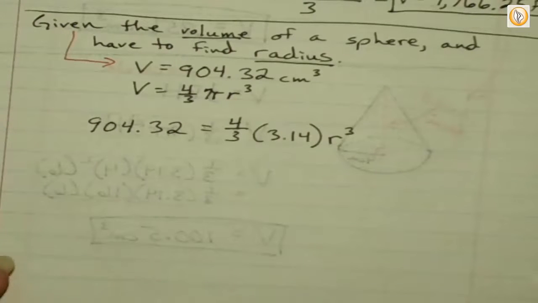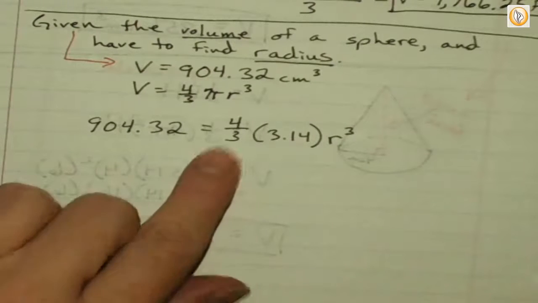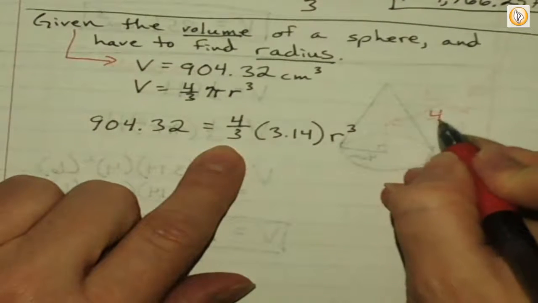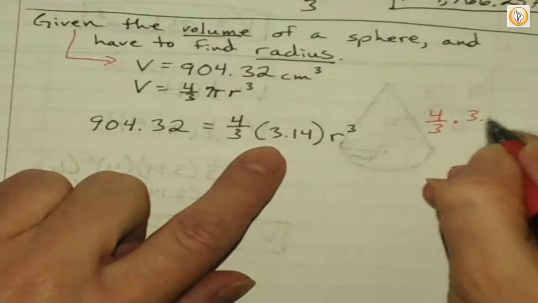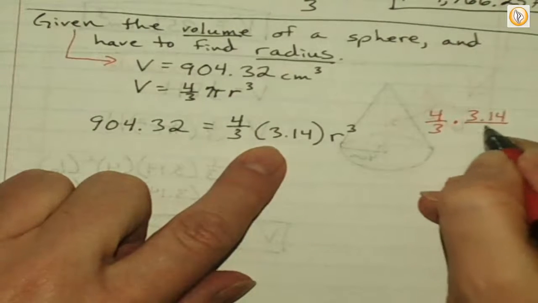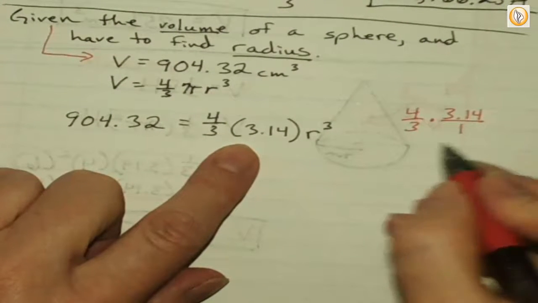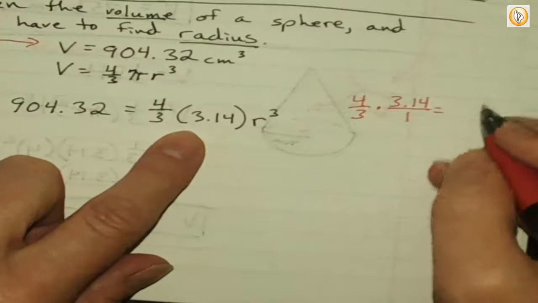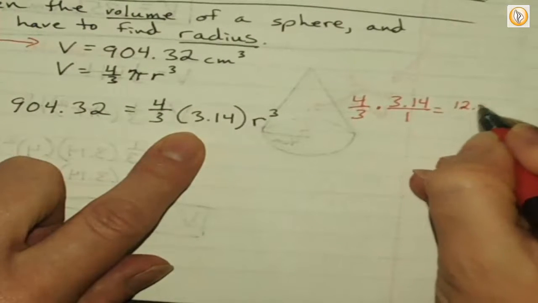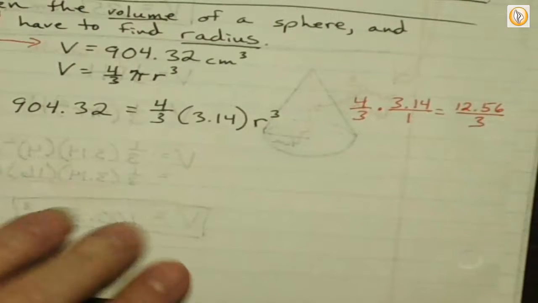Multiply 3.14 times 4 and then divide it by 3. That's right. So we're going to multiply 4 over 3 times 3.14 over 1, basically, and you get 12.56 over 3. Do y'all see where I'm getting this?